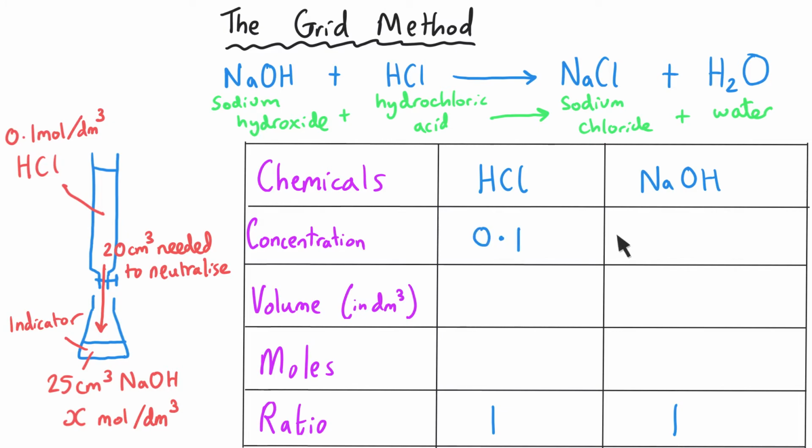We don't know what the sodium hydroxide concentration is. That's our goal. The volume of hydrochloric acid is 20 cm cubed, which means it's going to be 0.02 dm cubed. And sodium hydroxide, similar, 25 cubic centimetres, so 0.025 cubic decimetres.